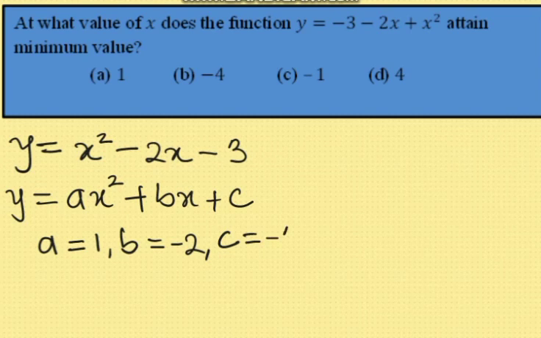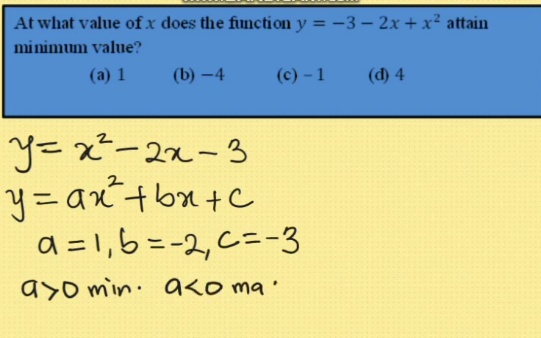Please quickly note this: if we are asked to obtain the minimum value, it means a is greater than 0, so we can obtain a minimum value. But at a less than 0, we are going to obtain a maximum value. That's a quick reminder.